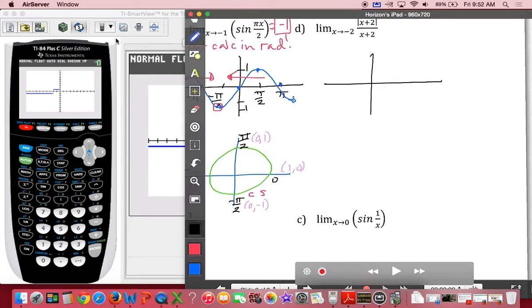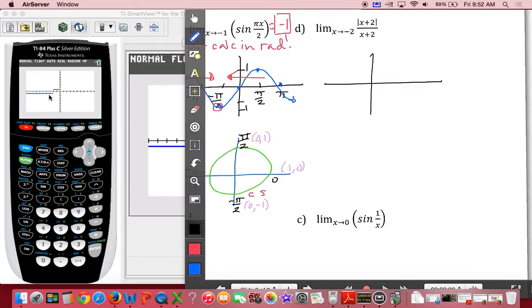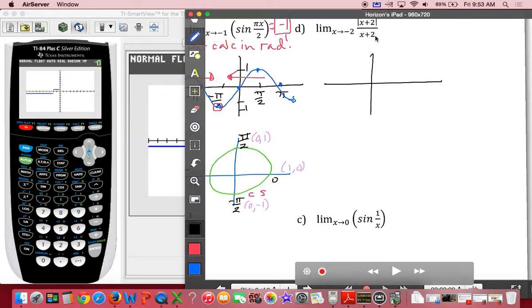what is happening here? We're approaching -2. So what's the height up here? 1, and what's the height down here? -1. And your calculator's not going to show it, but aren't there going to be open circles here and an open circle there? Because can x have a value of -2? Nope.